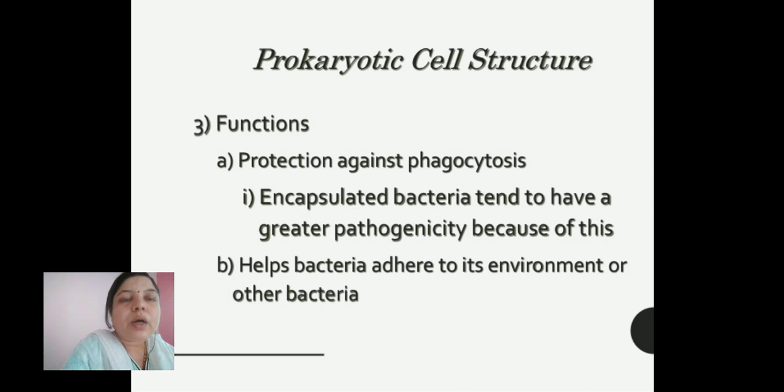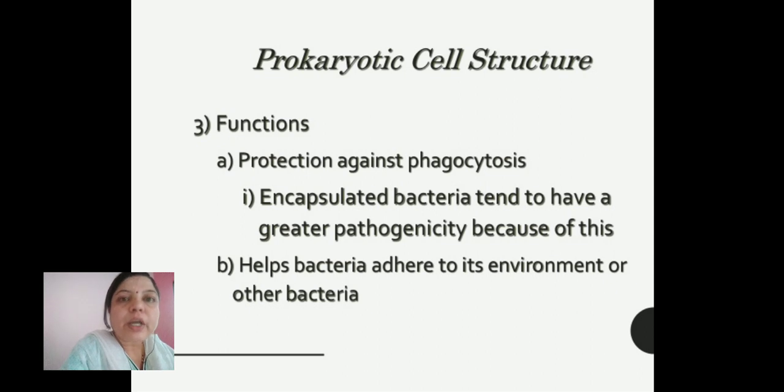Phagocytosis means when this bacterial cell enters any human body, we will take the example of human body. At that time, this bacterial cell will get identified by the antibodies which are present inside the human, and the killing of that particular bacterial cell when it gets recognized by the immune system as a foreign particle is known as phagocytosis.